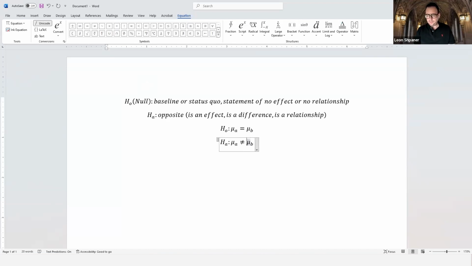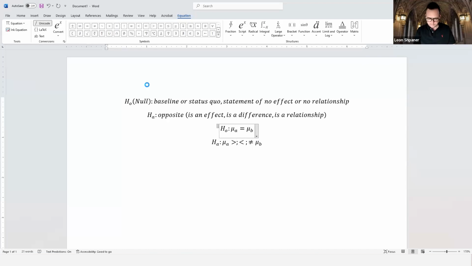Now, if you're doing a one-tailed test or left-tailed test, then you would use less than, and for a right-tailed test, greater than. But in all cases, we're only using symbols of inequality. Those are the only symbols that you can use in the alternative hypothesis.